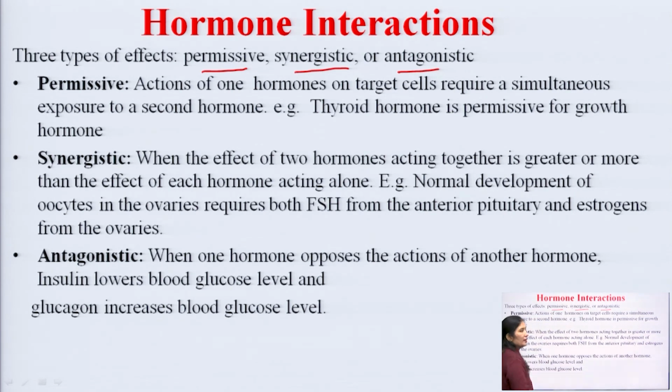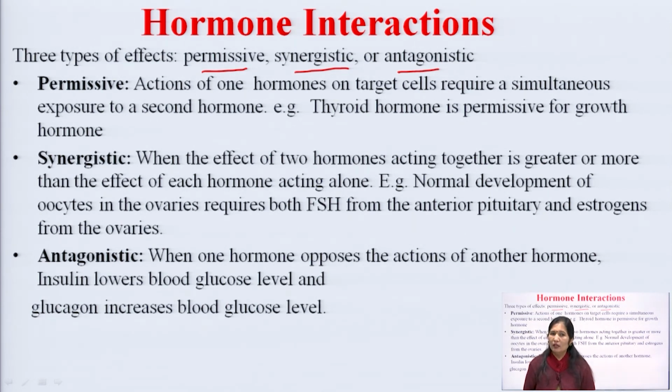What is permissive? When the action of one hormone on a target cell requires simultaneous exposure to another hormone, then it is permissive. For example, for growth and metabolism, thyroid hormone and growth hormone are both important. Synergistic is when the effect of two hormones acting together is greater than the effect of each hormone acting alone.